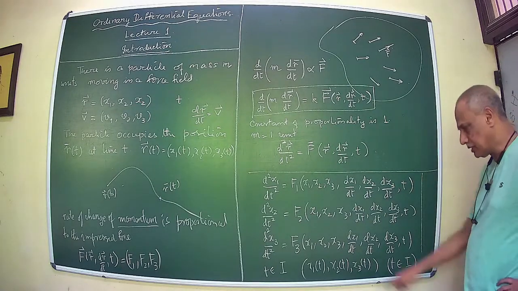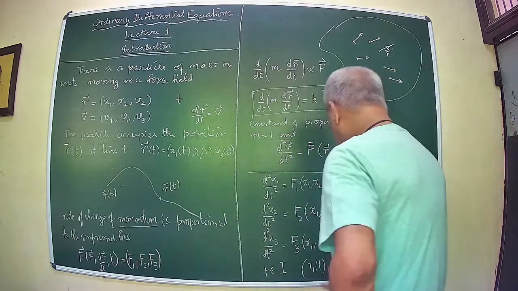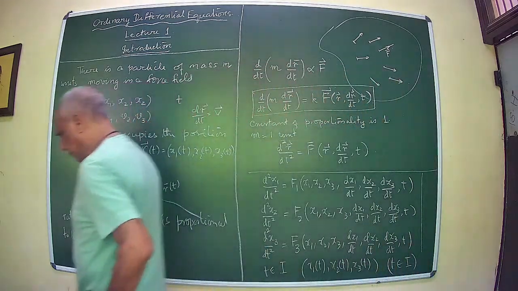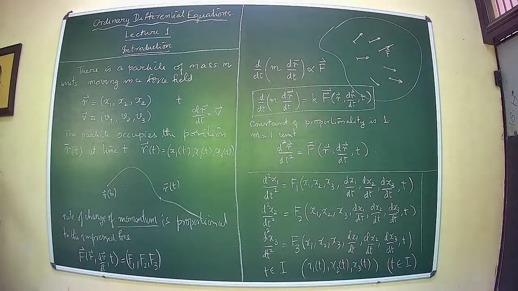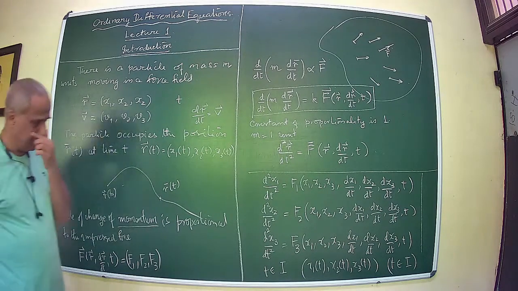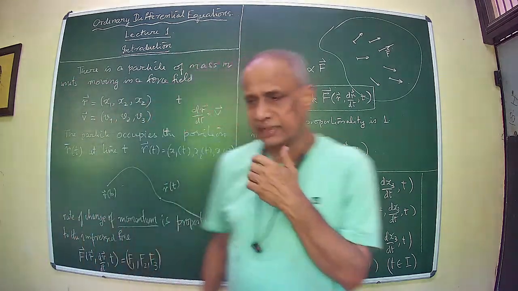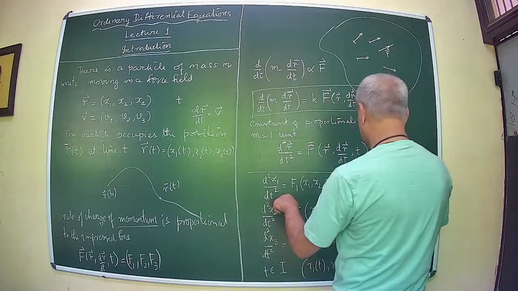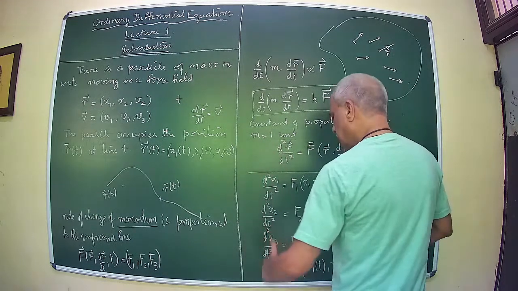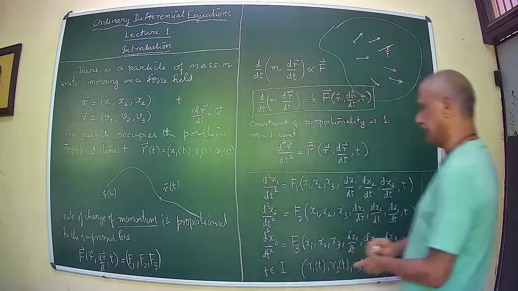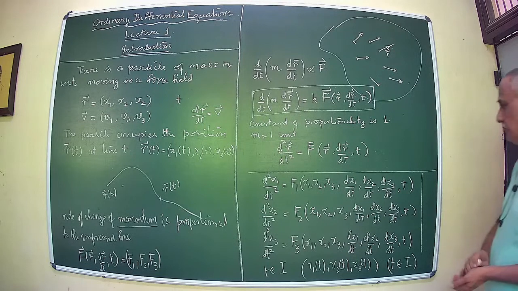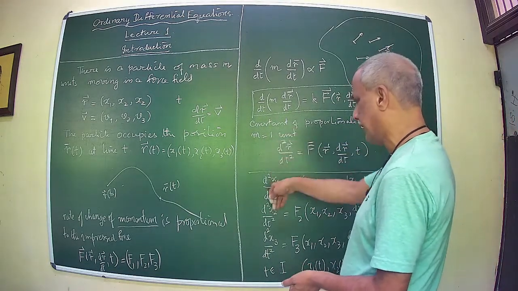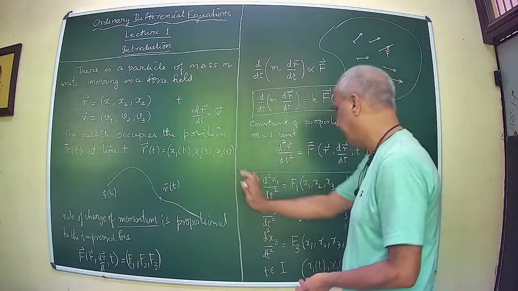In other words, we want to find out functions x1, x2, x3 of the time variable t, which is the so-called independent variable, such that when substituted in these equations, they become an identity. When you feed the function x1 here and compute the second derivative of that, you will get a function of t.